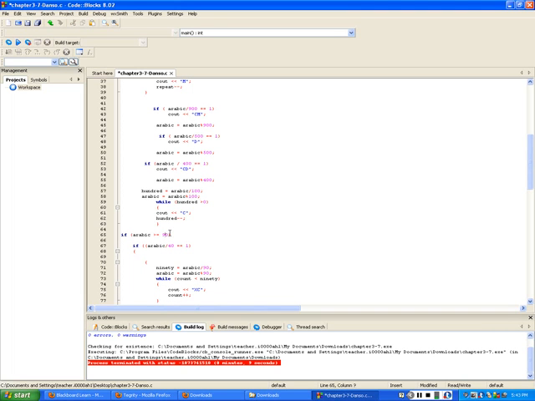Yeah. So if Arabic divided by 90 equal 1, what are we doing? We're doing this one, right? And you don't need brackets or braces in that because it's only one C out.